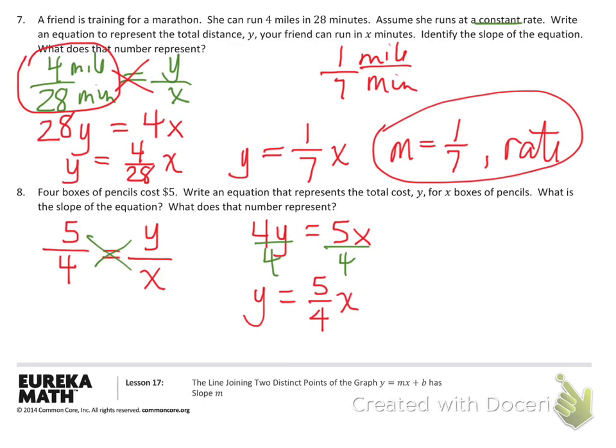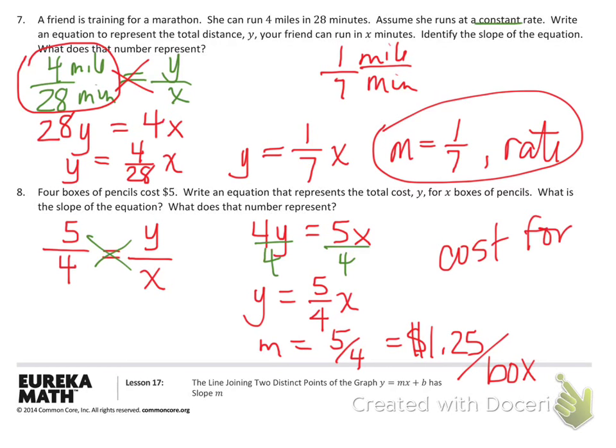Okay, so the slope of this equation is 5/4, which is also equal to 1.25, and that would be dollars per box. So our slope in this case is the cost for 1 box. You could think of that as the unit cost or the unit rate for the boxes of pencils. Okay, let's look at number 9.